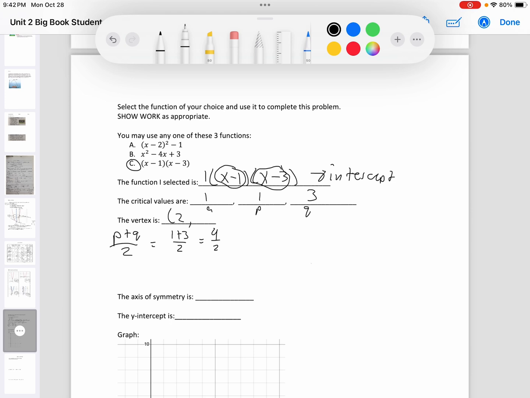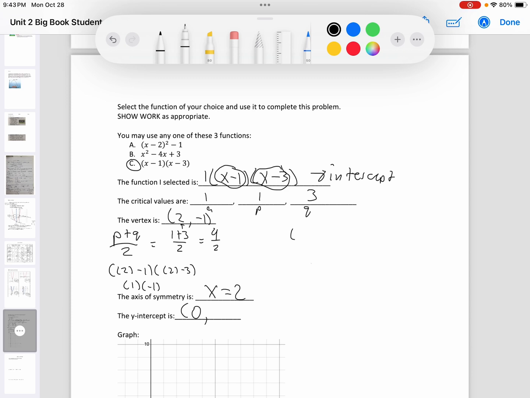We substitute that back into the function to find the y value. Here we would get (2 - 1)(2 - 3). 2 minus 1 is 1. 2 minus 3 is -1. 1 times -1 is -1. So once again, our vertex is (2, -1), which gives us our axis of symmetry is x = 2, because our axis of symmetry is always the same as the x value of our vertex. The y-intercept is always the point where x is 0, and we need to substitute back into the function to find it.